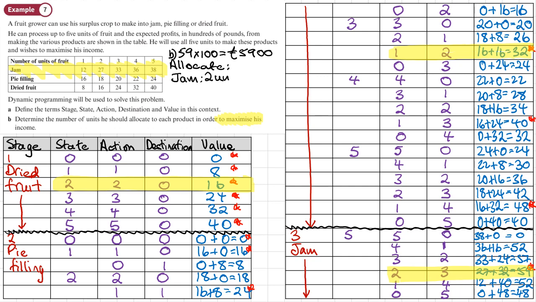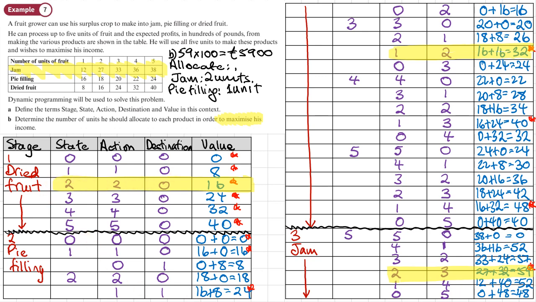3 were passed on to pie filling, and in the pie filling, out of those 3, 1 was used and 2 were passed on. So pie filling 1 unit, and because 2 were passed on, those last 2 were used in the dried fruit stage here, and they were used up.